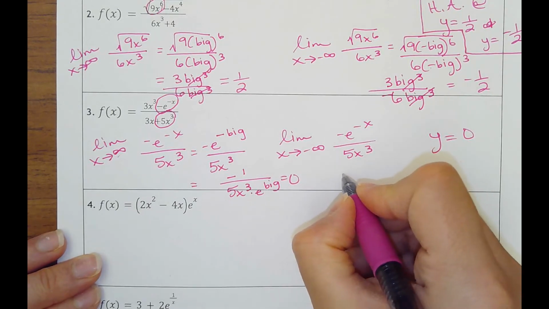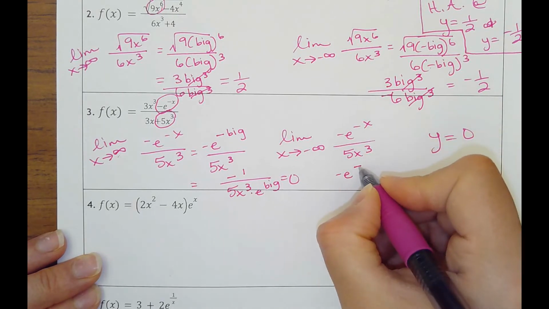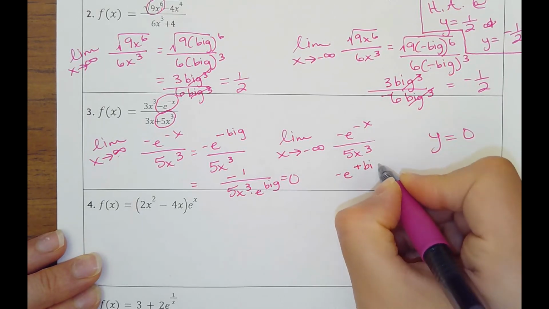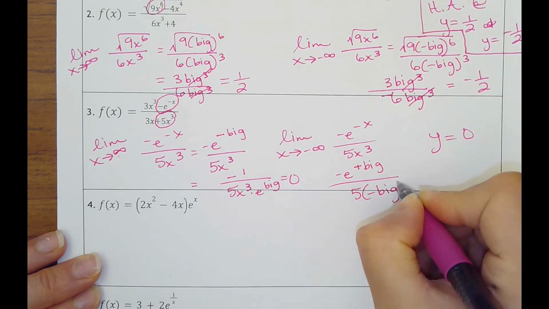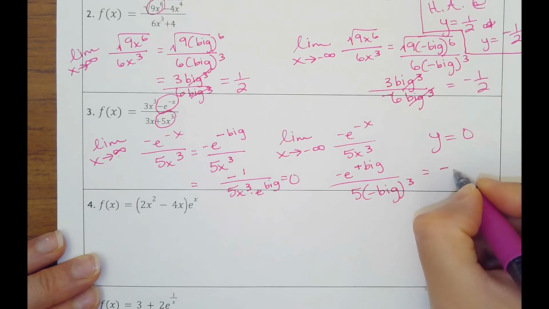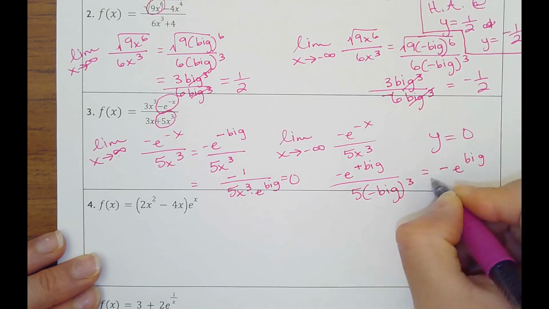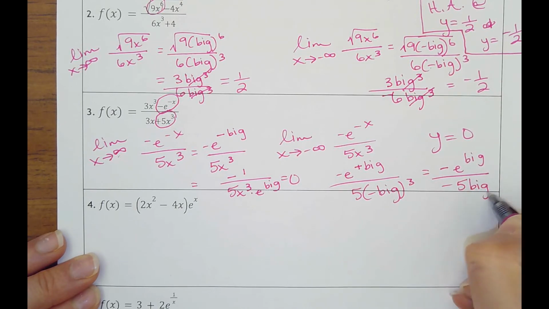And then this one would have negative e to a negative of a negative number, so then that'll become just a positive big number over 5 times a negative big number cubed. So that will stay negative e to the big number on top. The denominator is going to be a negative 5 big cubed.